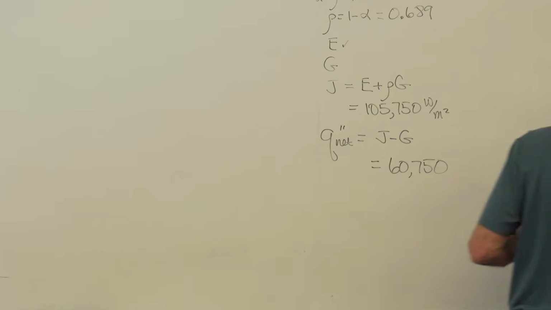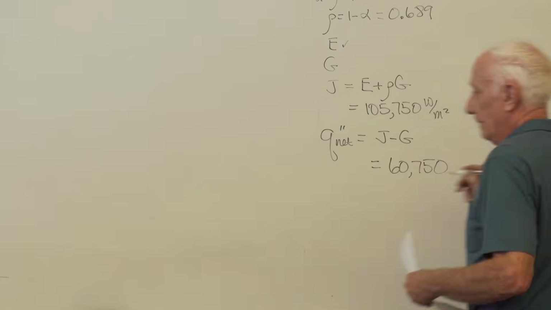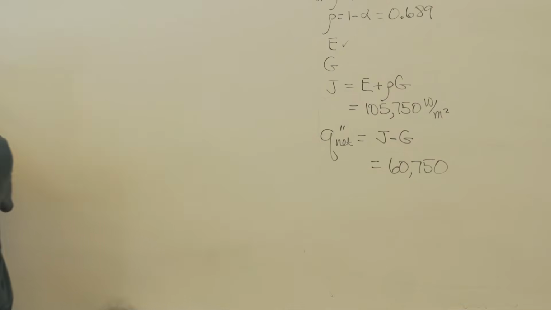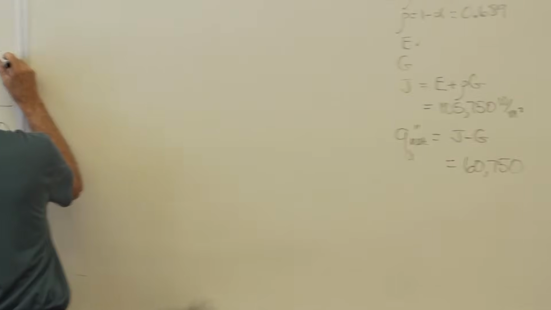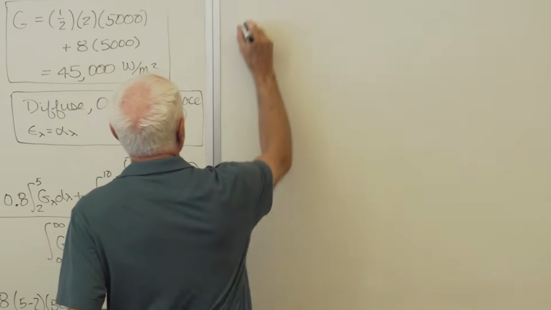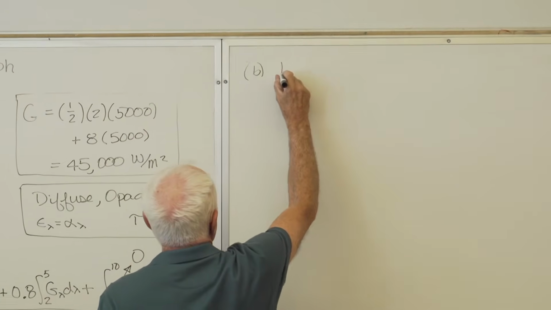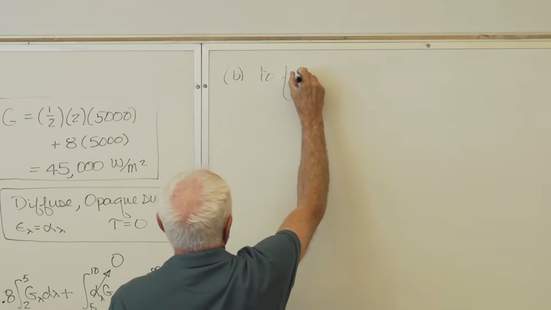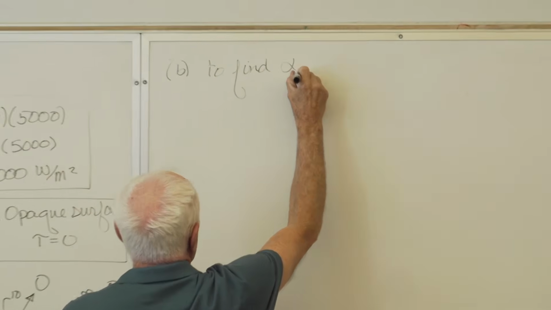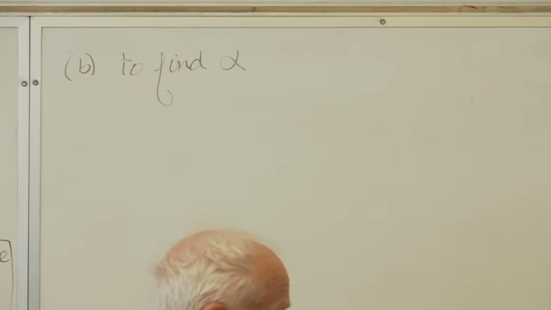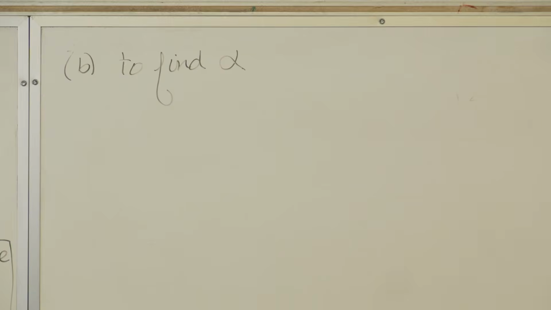This was part A. This will be part B, to find alpha. Okay. We know the magic word: diffuse.